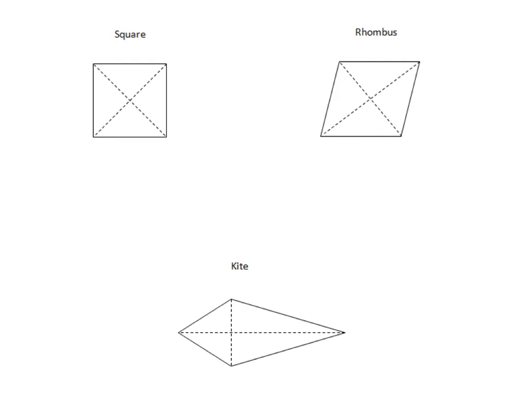Alright, so properties of a square. A square is a rectangle, so it follows all of your rectangle properties, which means it's a parallelogram also. So we've got parallel sides. So let's start marking this up. Opposite sides are parallel. You have opposite sides congruent, although in a square, what makes a square different than a rectangle is all four sides are the same length.